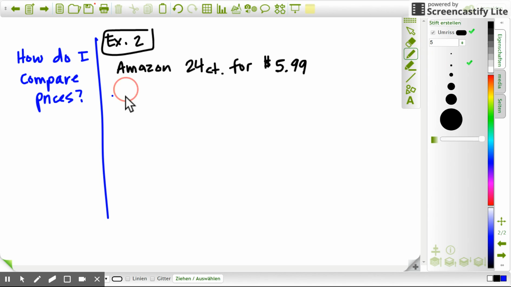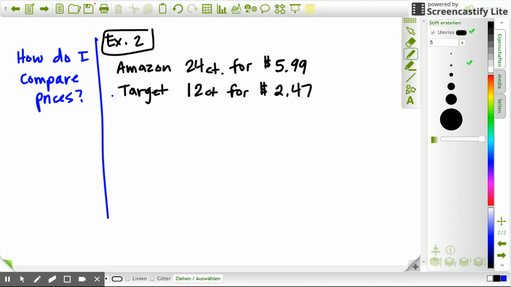Okay, and then Target has them for a 12 count for $2.47. So some people would go, oh yeah, $2.47, it's for sure cheaper. And it is, except that it might not actually be cheaper.